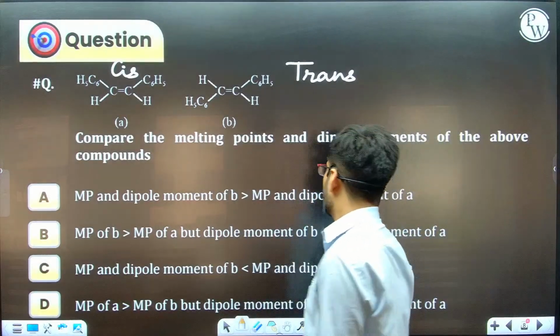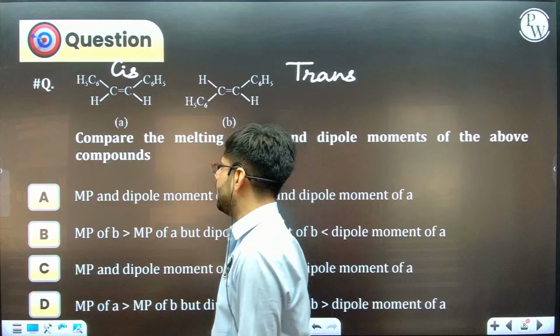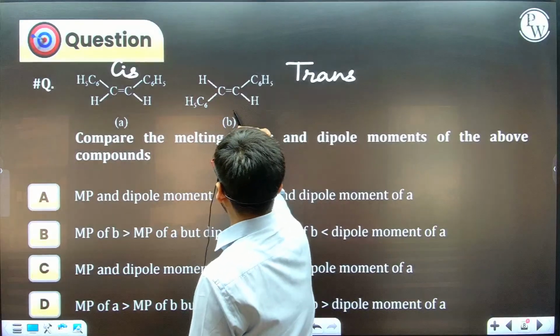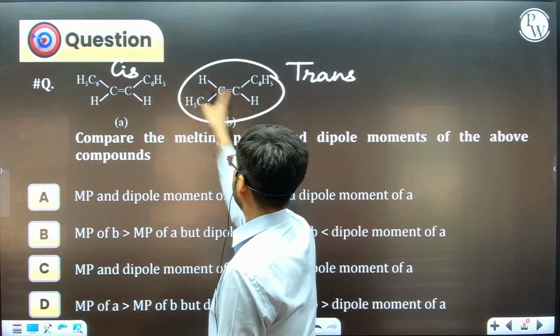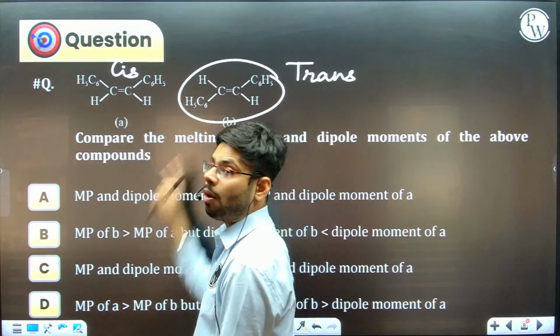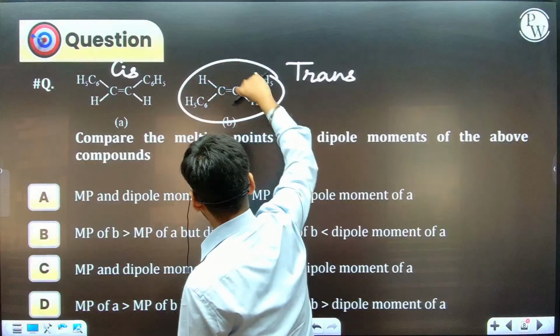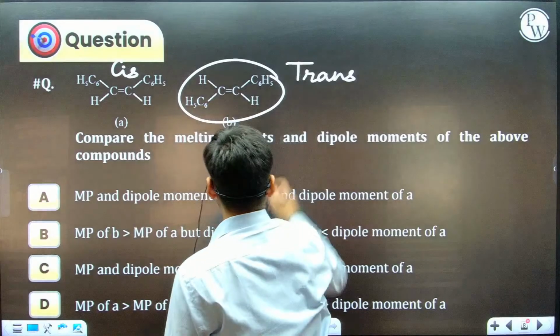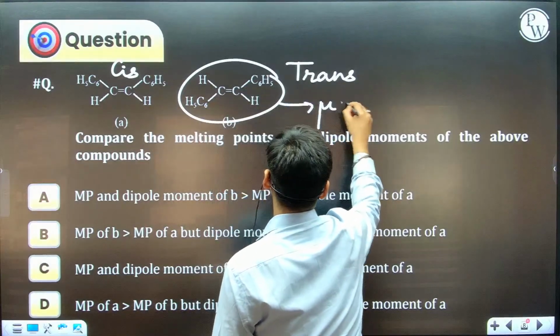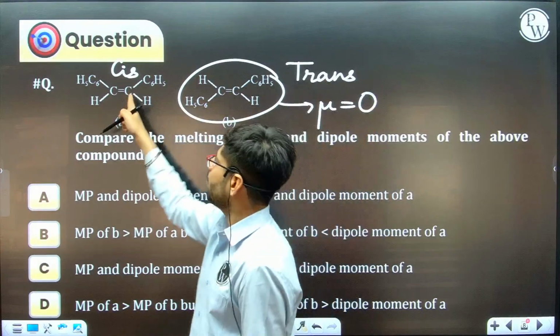Now, dipole moment. Okay. If we look at B, here the dipole moment is 0. Why? Because the vectors will cancel out each other. Dipole moment is a vector quantity. This vector and this vector will cancel out each other. This vector and this vector will cancel out each other. So I will say that the dipole moment is equal to 0. Here the dipole moment is non-zero.